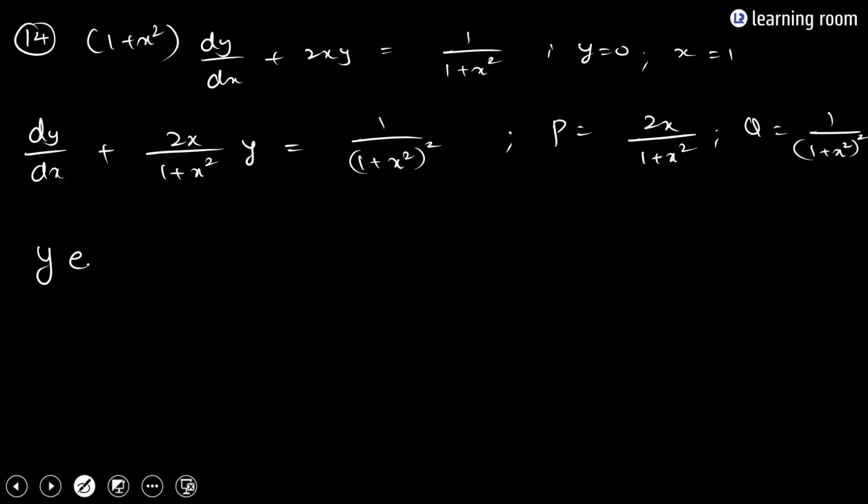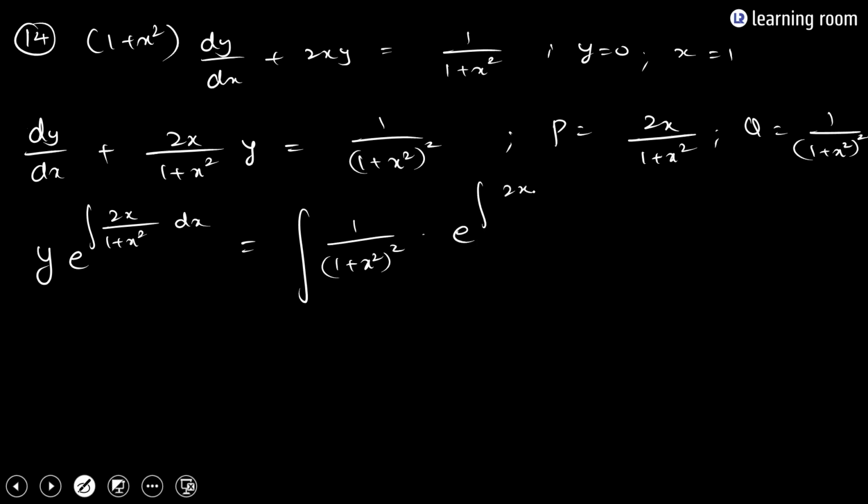So y into e power integral of 2x/(1 + x²) dx is equal to integral of Q, that is 1/(1 + x²) whole squared into e power integral of 2x/(1 + x²) dx.